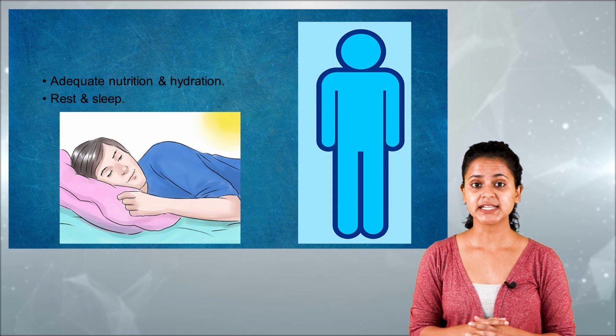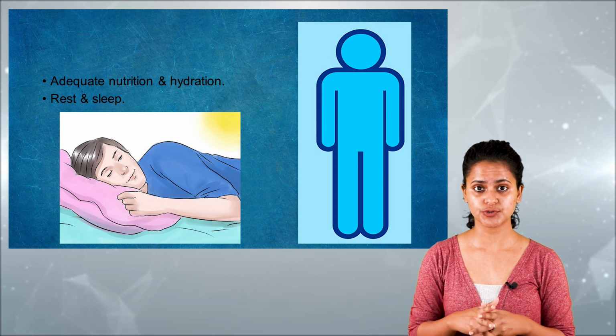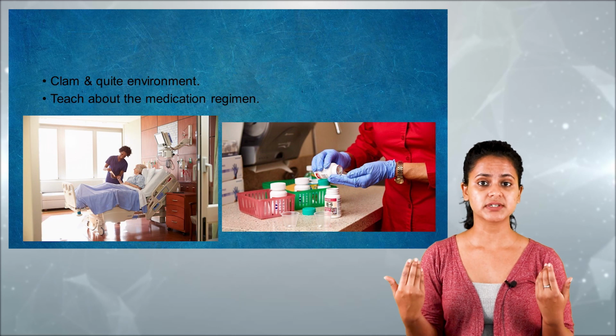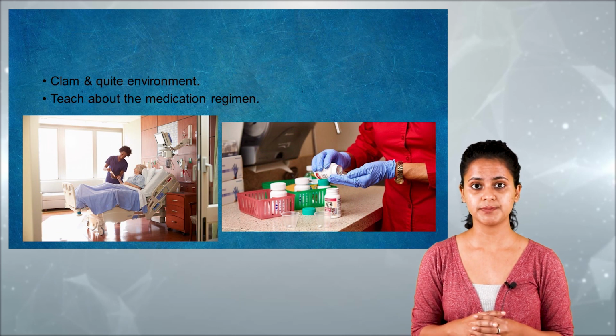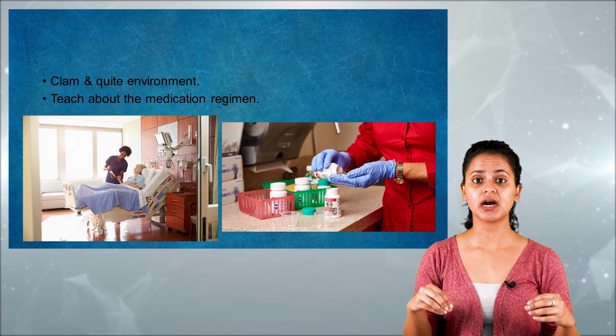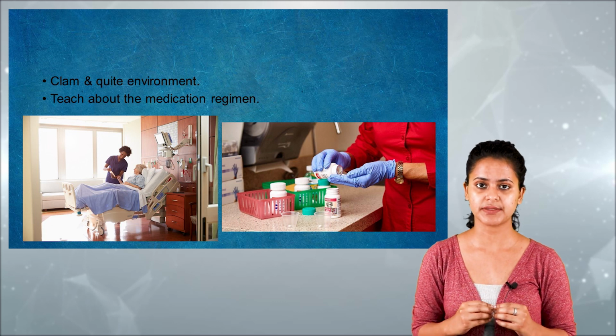Now, definitely, adequate nutrition and hydration will be ensured by the nurse. Adequate rest and sleep should be provided to the client. Naturally, the client after episodes of airway obstruction will be in a panic-stricken state. So that is the reason providing a calm and quiet environment is very necessary by the nurses.